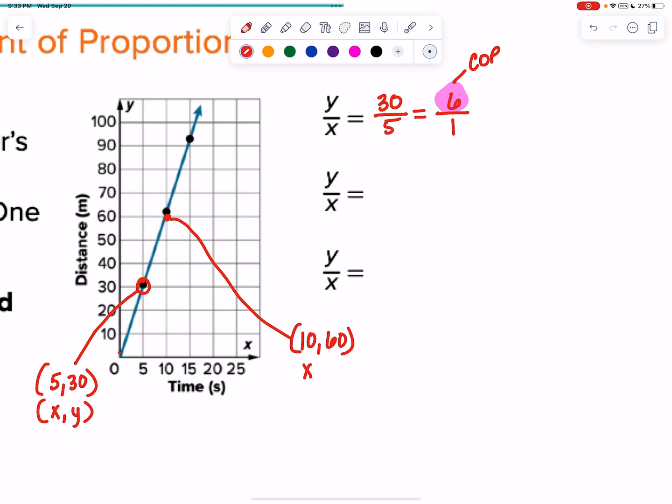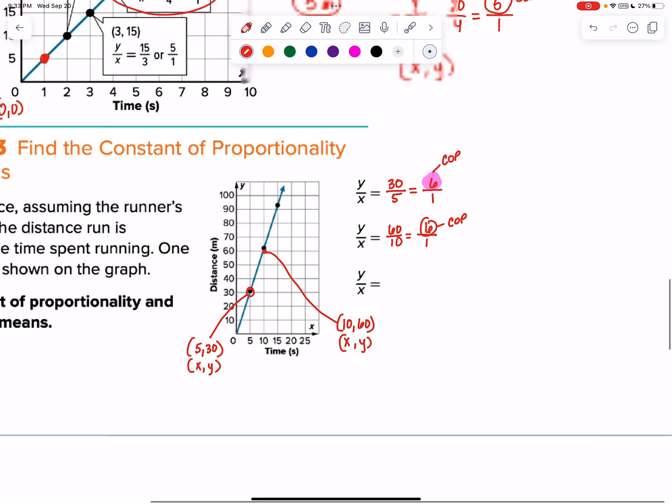And remember this is x and y. So y divided by x would be 60 divided by 10. What's the unit rate? It's the same. And so we verified there's a COP. I don't really like any of the other intersections that I see there, so I wouldn't even do a third one. I think 2 is enough for that.